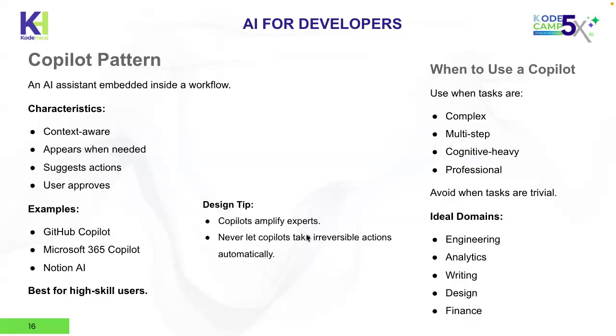So the design tip, number one, is that co-pilots will amplify an expert. Somebody who is already an expert will be able to achieve more with a co-pilot pattern, right? Then, never let co-pilots take irreversible actions automatically. I think I've said that already. They have to receive approval before they can take irreversible actions.